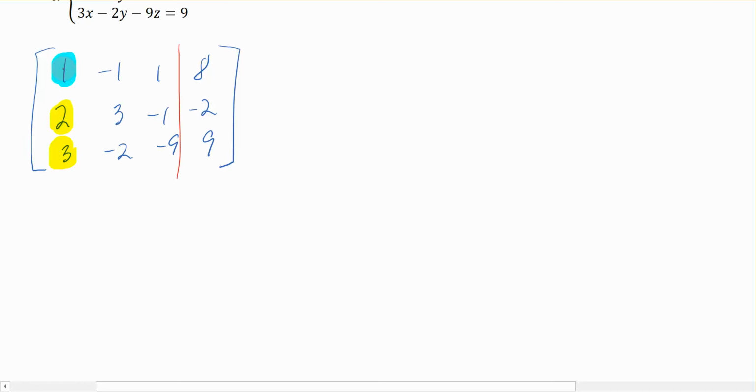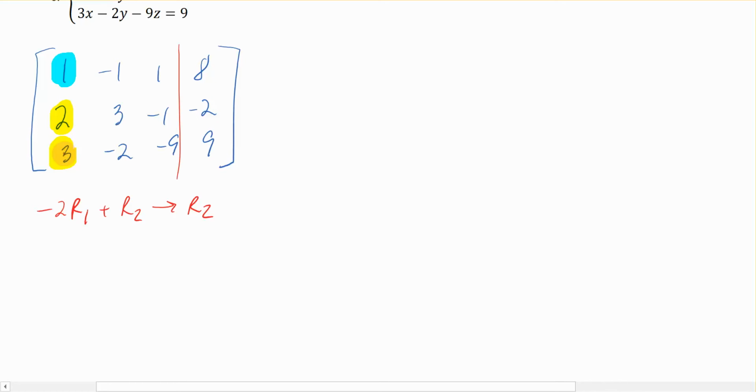If I multiply row number 1 by -2 and add it to row number 2, I would get a 0 in that position. So -2 times row number 1 plus row number 2 gives me a new row number 2.